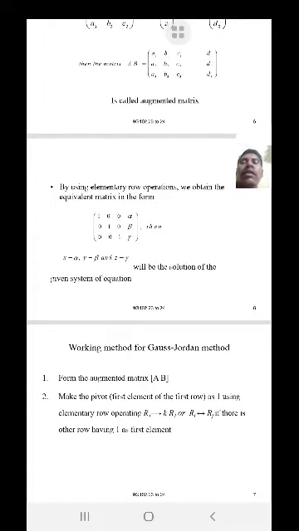We have to remember one thing: in Gauss-Jordan we use only row operations, not column operations, because row operations means we are solving equations 1 and 2. We are adding or subtracting corresponding elements, x to x, y to y, z to z, corresponding coefficients.